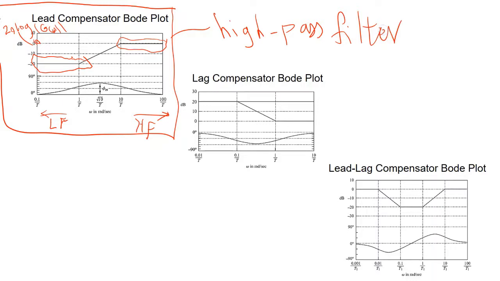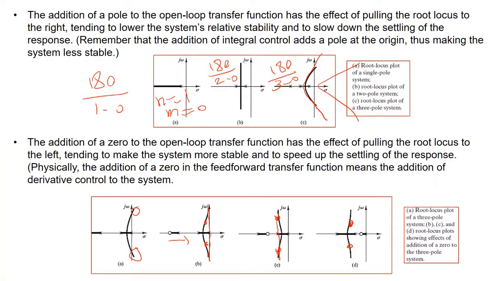And the thing that we'll look at in this course from it is the phase contribution. The main thing that this compensator does for us is a phase contribution, phi, that we are going to get from this filter or this compensator.